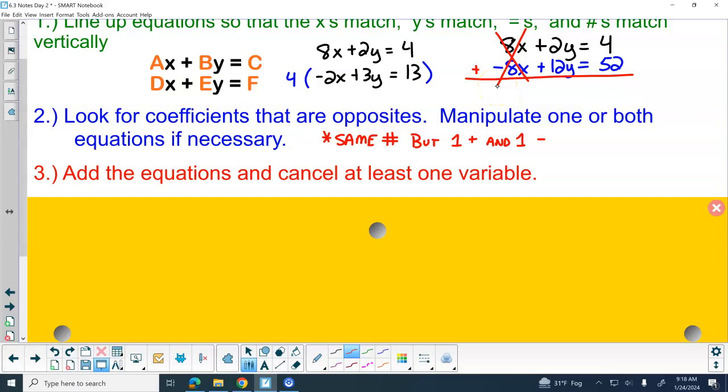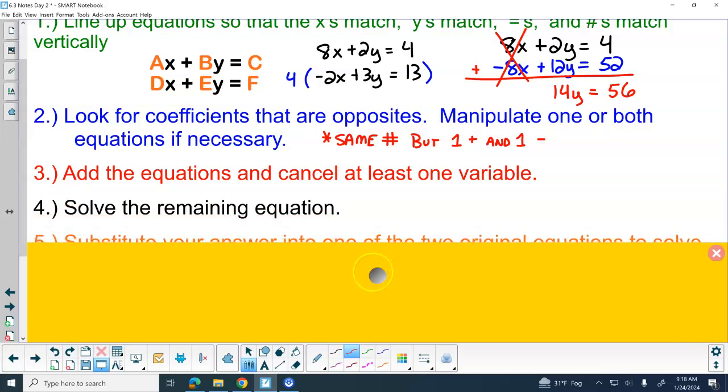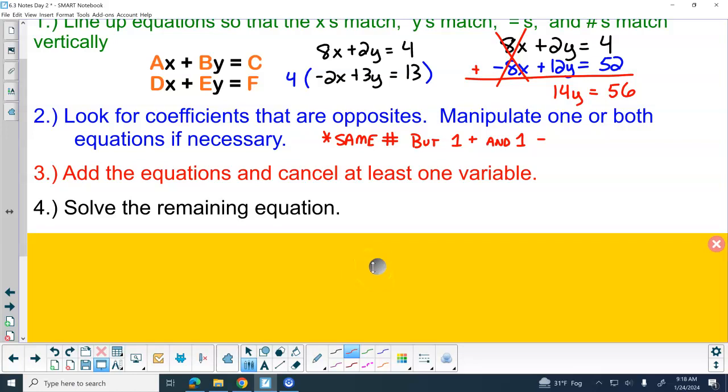It's gone. 2y plus 12y is 14y. 4 plus 52 is 56. And you should get an equation that has one variable and one number if you did your elimination right. Okay? Then what we're going to do is we're going to solve that equation.